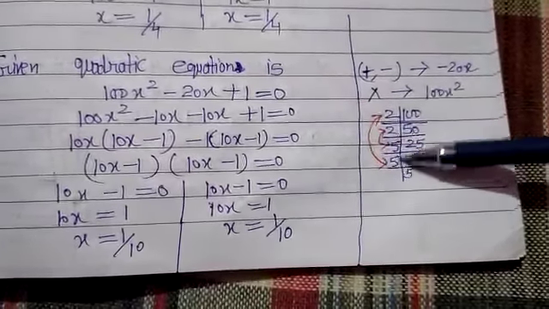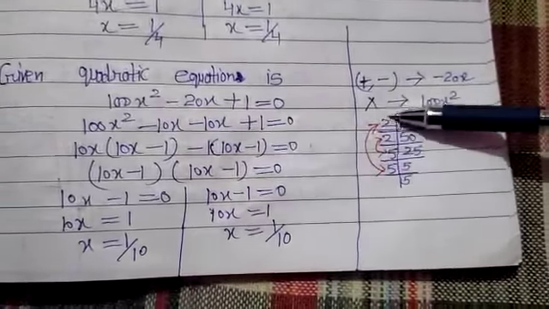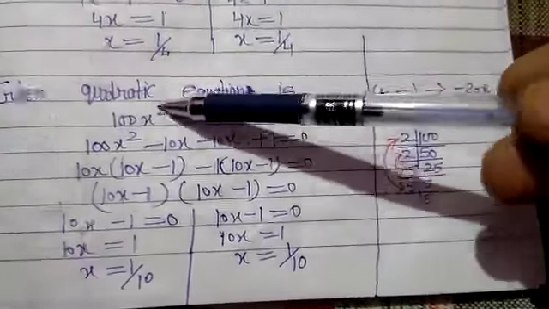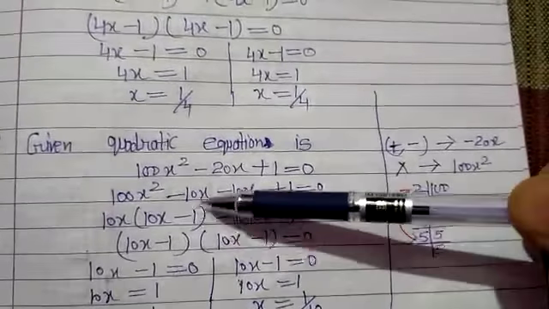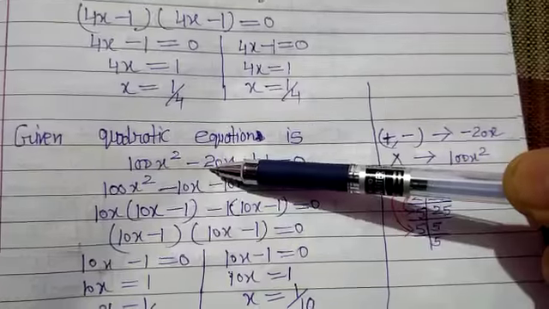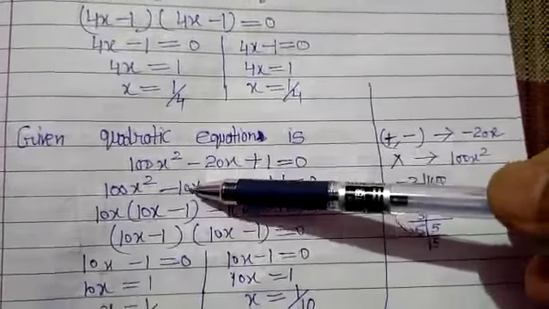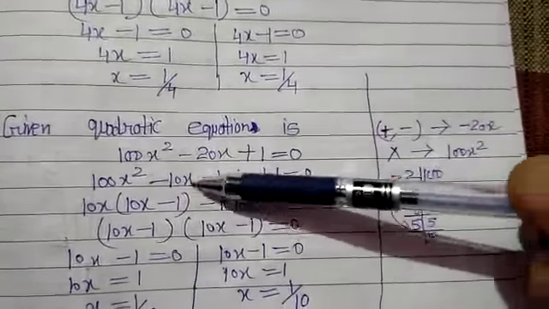This is a hit and trial method. 2 and 5, 2 5s are 10, so we have two terms after splitting, minus 10x and minus 10x. When we add them, our answer is minus 20x, and when we multiply these two terms, minus minus plus, 10 10s are 100, x into x is 100x square. So both conditions are satisfied.